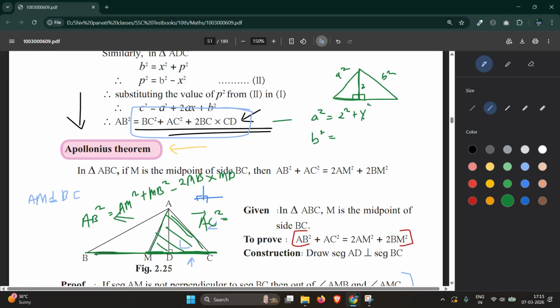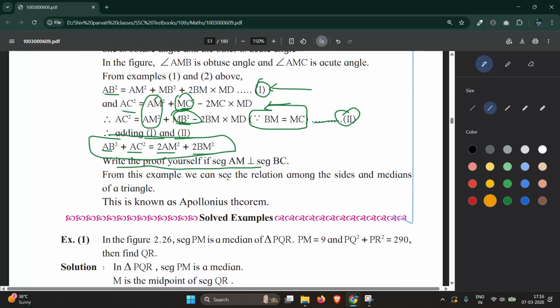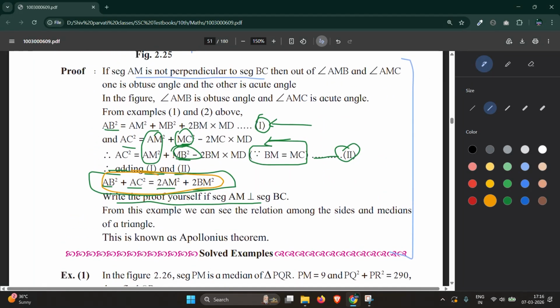And b squared would also have been z squared plus p squared, but p is also equal to y, because again this is still the midpoint. It does not matter if it is perpendicular or not, it has to be the midpoint, because only then do we have the Apollonius theorem. So we get a squared plus b squared equal to 2 times z squared plus 2 times y squared, which is just the result that we got over here.